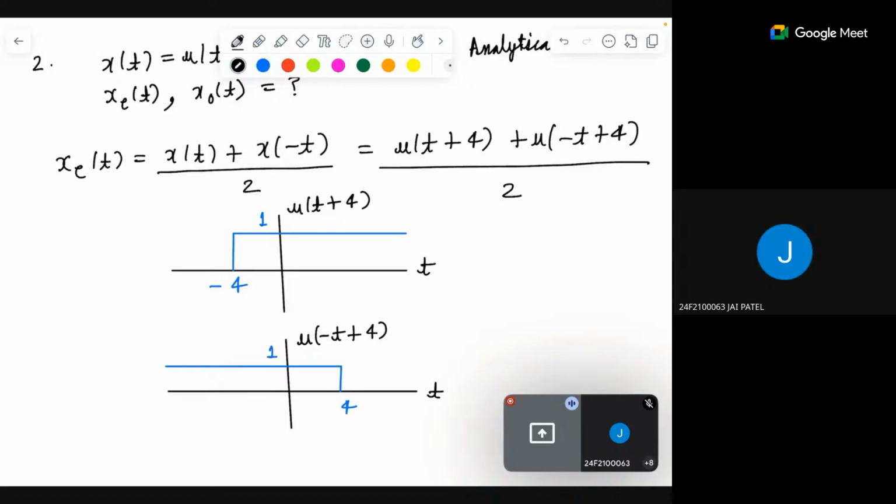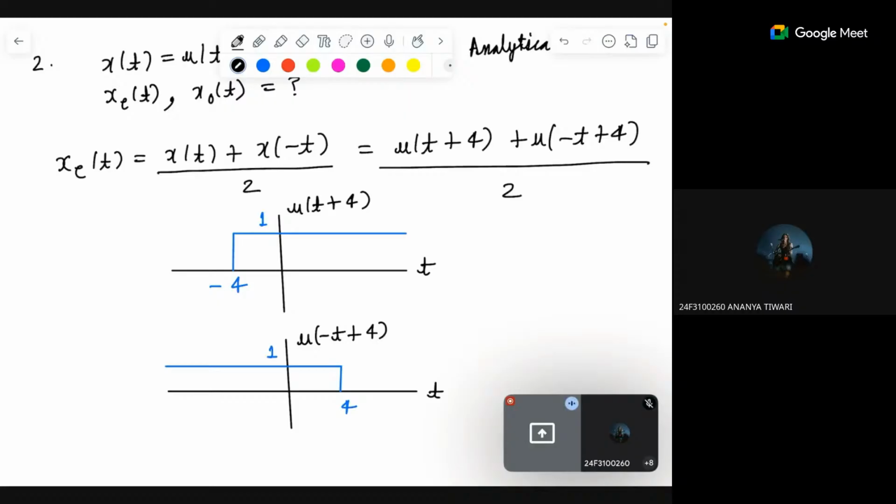We are running out of time already. Then from minus infinity to -4, it is 1 by 2, and after that it will start from positive 4 to infinity, and it will be minus half. You are telling about the odd part, Ananya. Yes, ma'am.